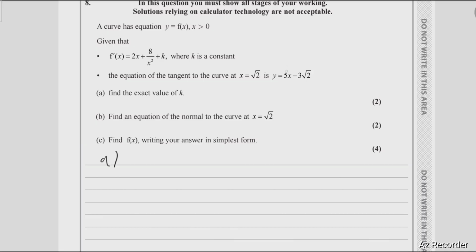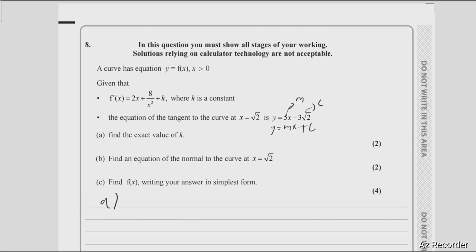Now we know that the gradient at x equals root 2 is 5, because it's just y equals mx plus c. That's c and that's m. The gradient of the tangent is the differentiation of the curve equation.